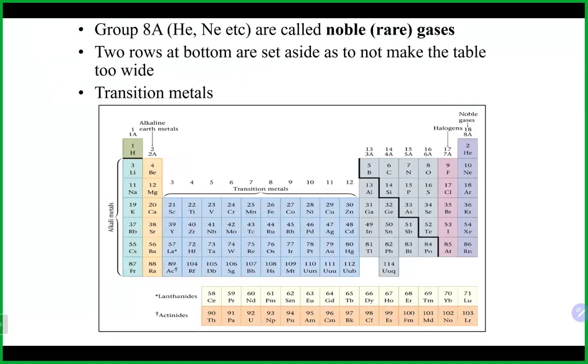Now, noble gases, as I mentioned before, are sometimes called rare gases, but most people call them noble gases. And when we talk about the two rows on the bottom, those are sometimes referred to as the lanthanide and actinide series. That is because that's technically where they follow. So if you follow the numbers here, we go from 57 to 72.